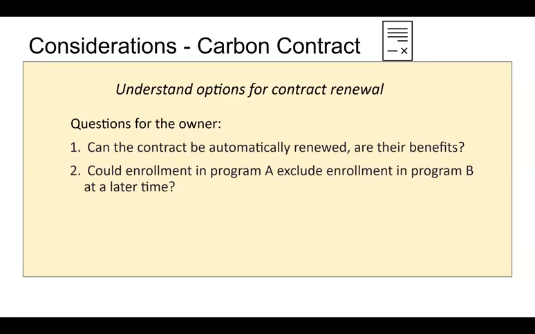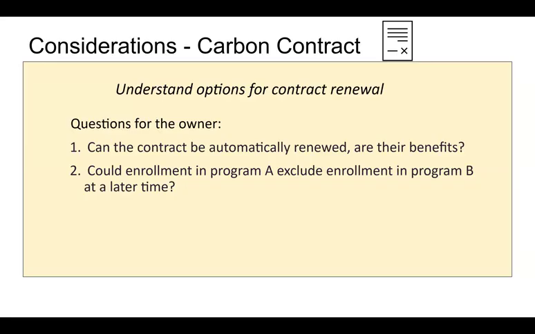It's also important to understand your options for contract renewal. Some programs offer automatic renewal, which can be helpful, especially for shorter contracts, but there are trade-offs. One key issue is that you often can't easily switch between carbon programs or project developers. That's because each program calculates carbon credits differently, and overlapping methods can create conflicts.